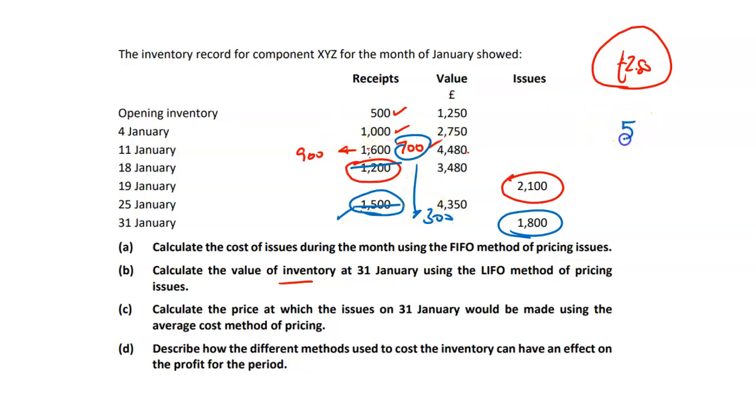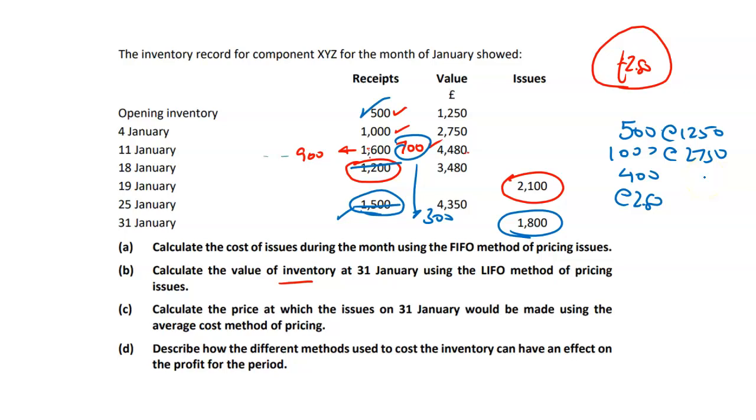So your closing inventory will be made up of this 500, this 1,000, and 400 from this batch, this 11th of January batch. And we just value it, right? It is what it is. 1,250, 2,750, and this again at £2.80. I believe that's what we worked out last time.